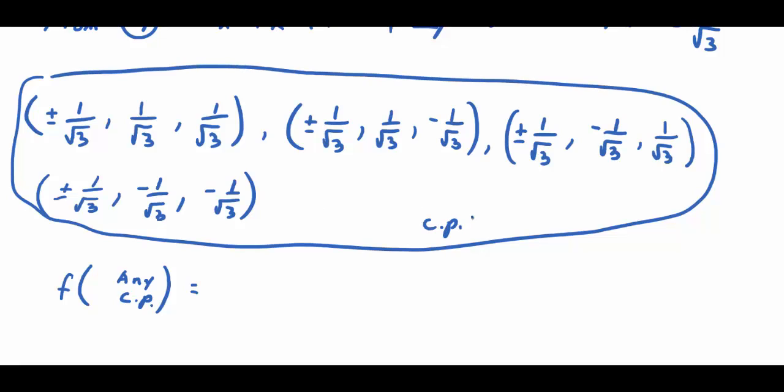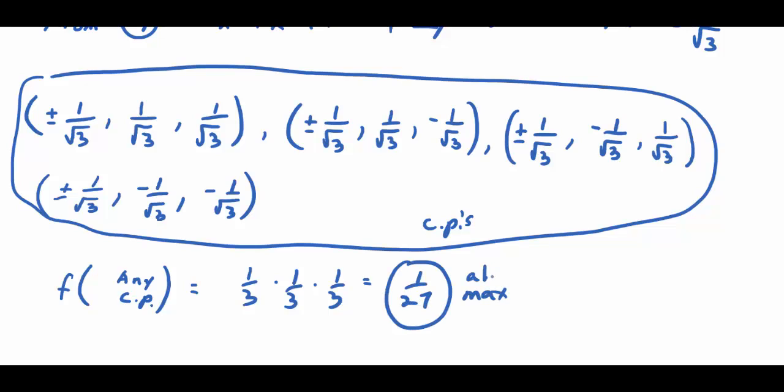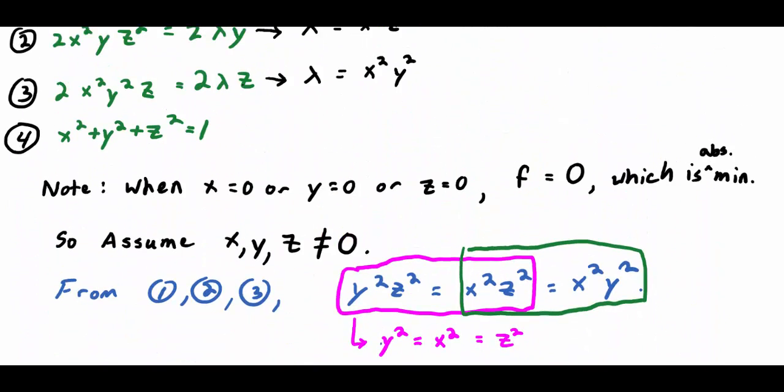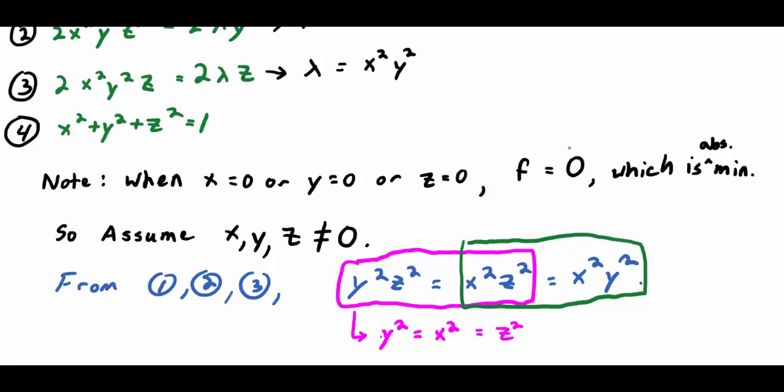And to get it all over with at once, I'm saying f of any CP, what's that going to be? You square the 3 coordinates, what do you get? 1/3 times 1/3 times 1/3, right? Or 1/27. There you go. There's your absolute maximum, given the constraint. And of course, we already found the absolute minimum of 0.